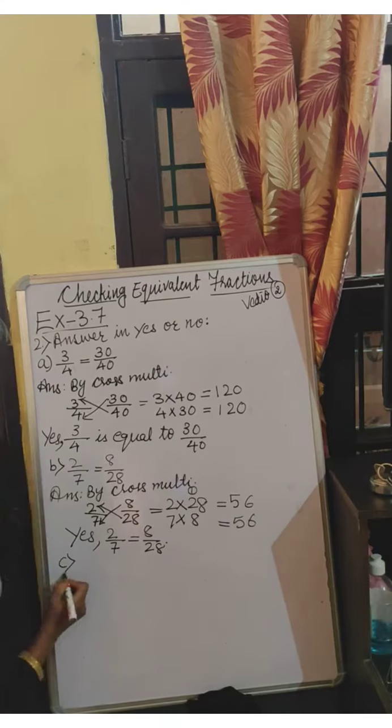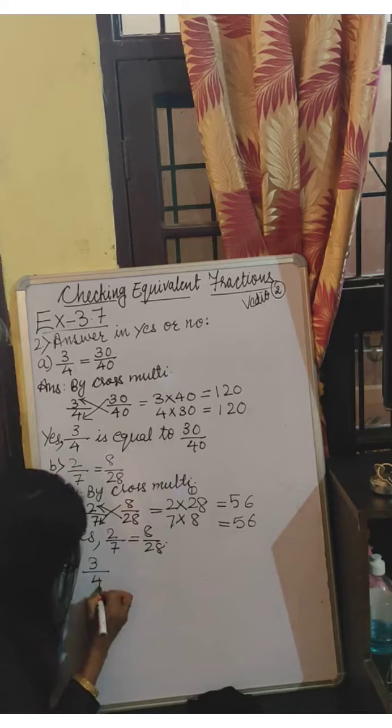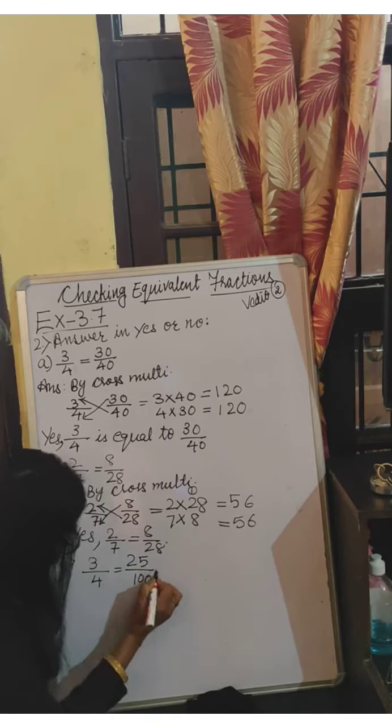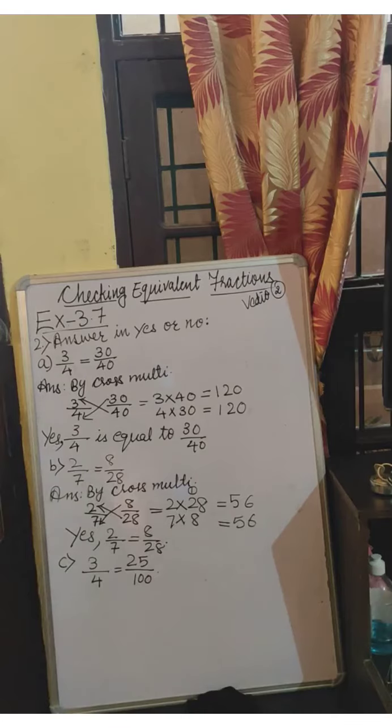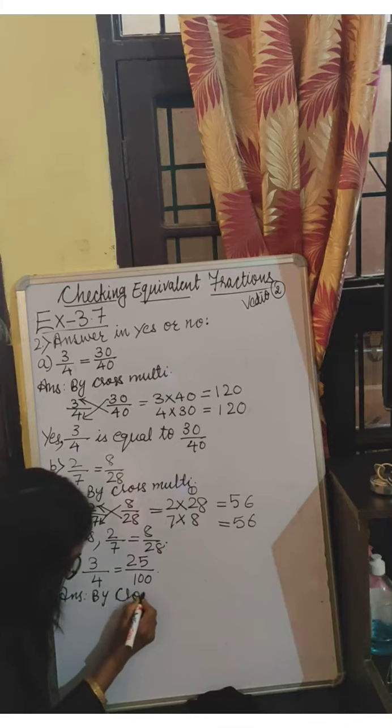C question is 3 upon 4 equal to 25 upon 100. Okay. So in the answer place you will do by cross multiplication.